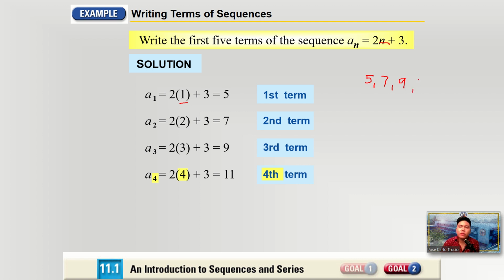And we are down to the last one, which is 5. 2 times 5, 10 plus 3, 13. We call this finite, because it ends in the fifth term. So again, this is the first term, the second term, the third term, the fourth term, and the fifth term. That is how you find the terms in a sequence.